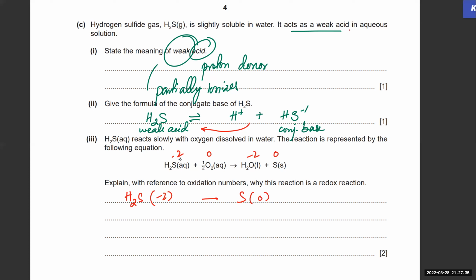That means it's getting oxidized; it loses electrons. And you can talk about the other one, O2 turning into H2O, where O is -2. Over here O is 0. So that means it's getting reduced; it gains electrons.